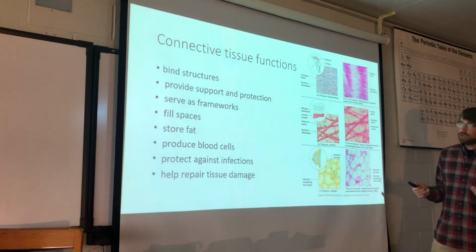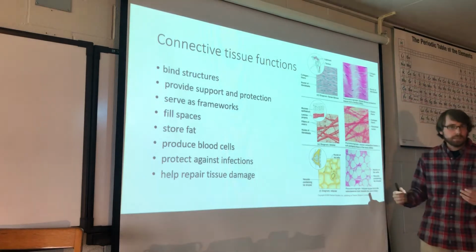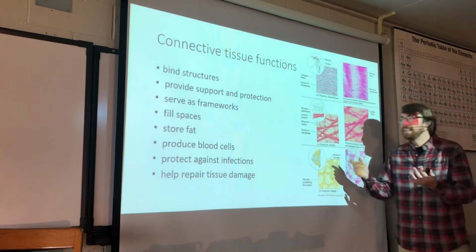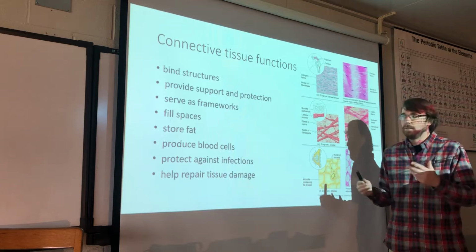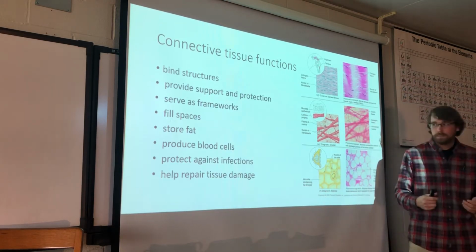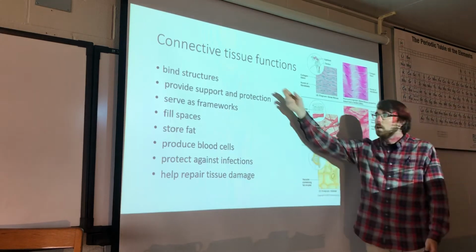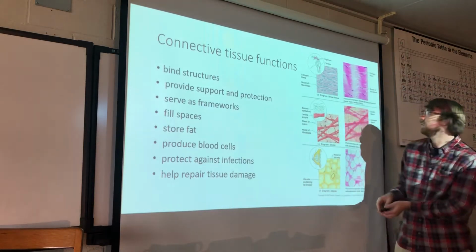Your connective tissue has a whole variety of different functions. No connective tissue does all of these functions, but it does things like bind structures, provide support and protection, serve as a framework, fill spaces, store fat, produce blood cells, protect against infection, help repair tissue damage. So there's a large variety of functions that are done by your connective tissue.